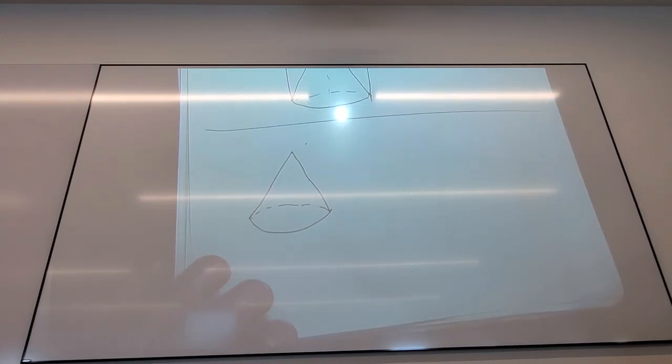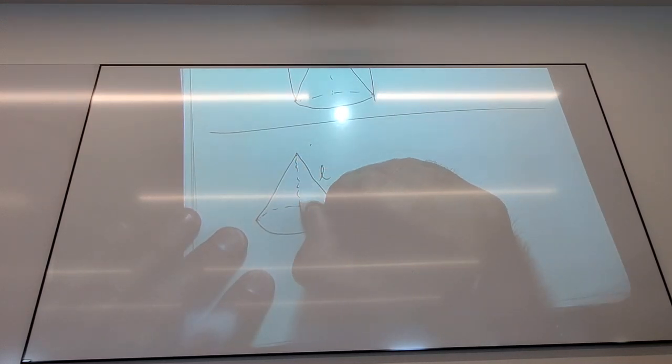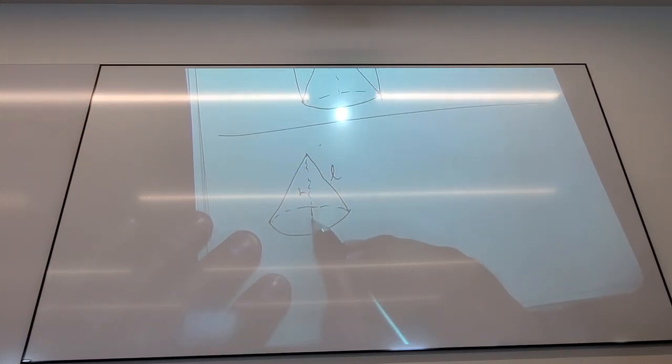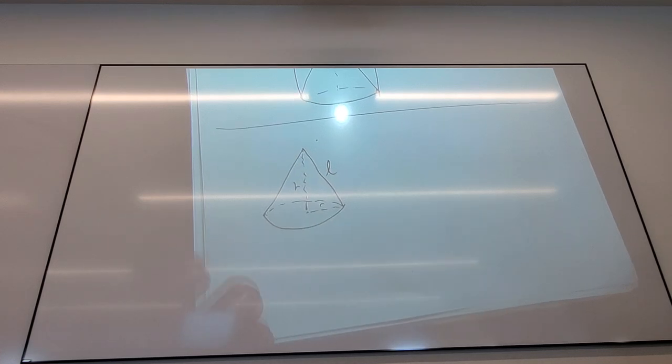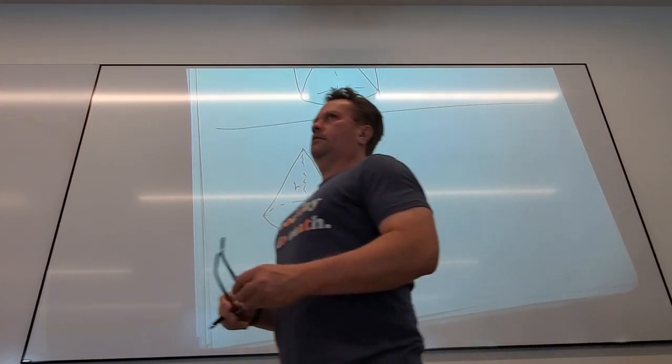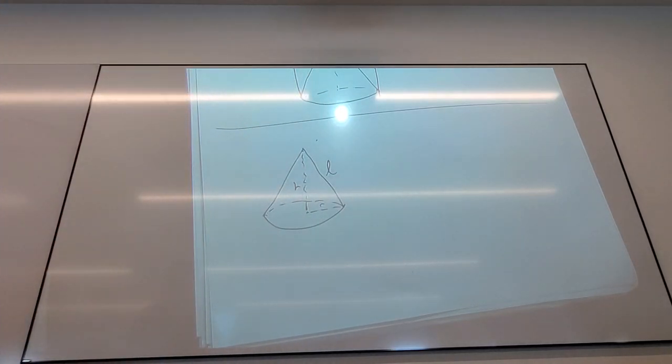Pretend like that's a right cone. This again is the slant length. This is the height. And this is the radius. Can somebody tell me how the slant length relates to the height and the radius?